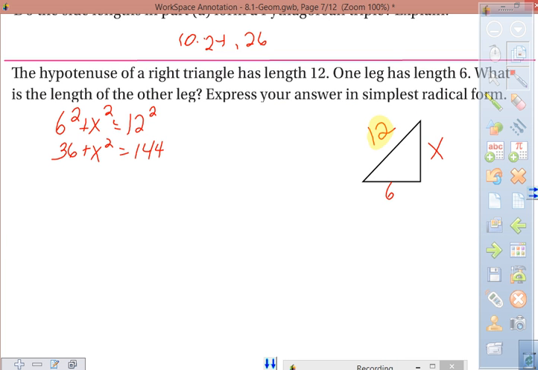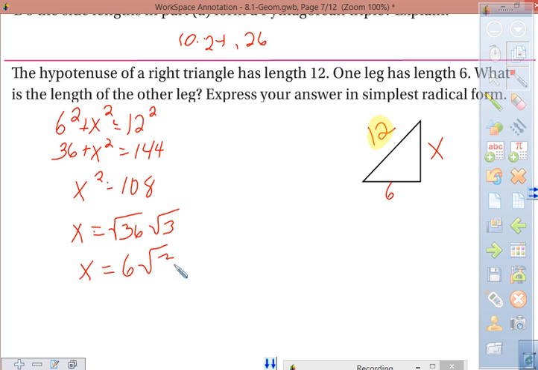And now I have to solve for x, so I'm going to subtract, and I get 108. Get it in simplest radical form, so the biggest perfect square is 36 times 3, which gives us 6 root 3. So then this example would not be a Pythagorean triple.